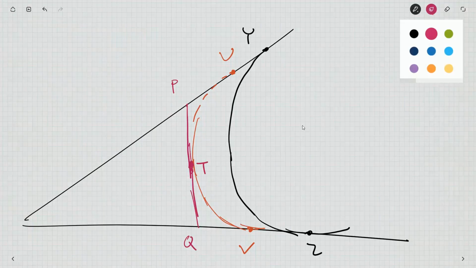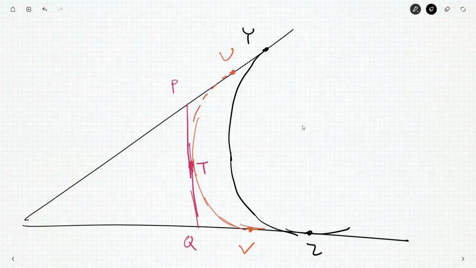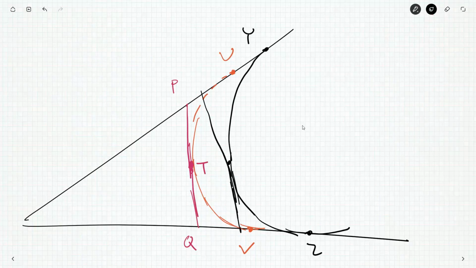And then what would we have? Well, it seems kind of obvious from the picture that if this were the case, PQ wouldn't intersect our line here. So there's S and R and our tangent point M here.